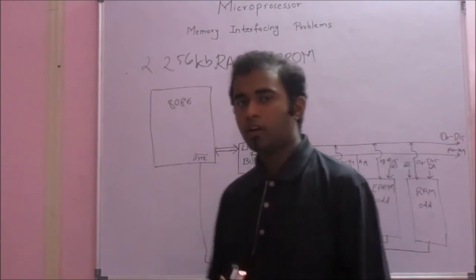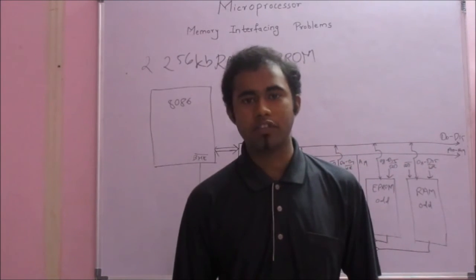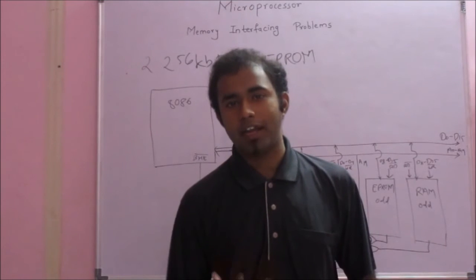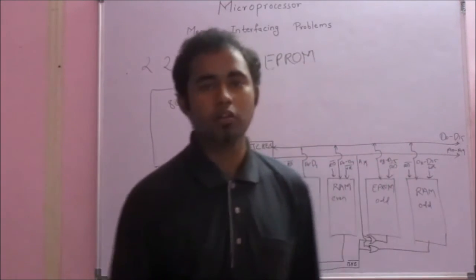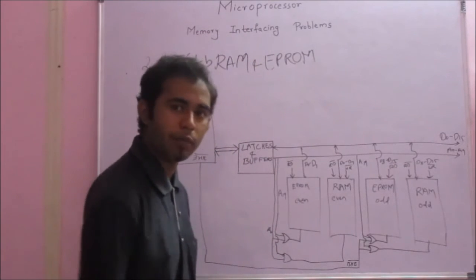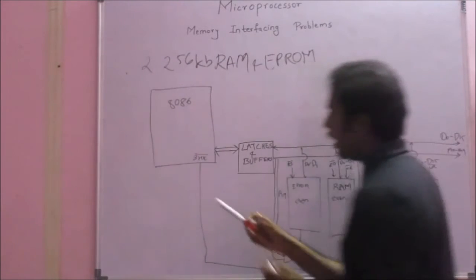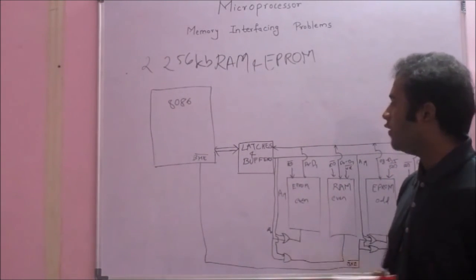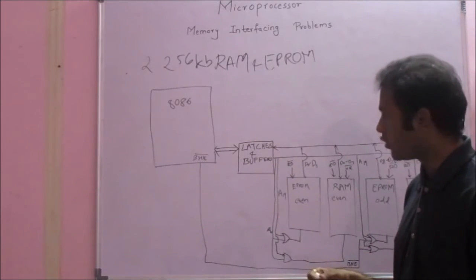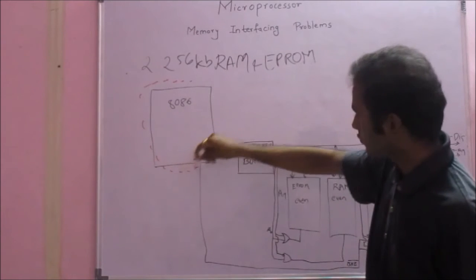So till now we have seen the address map, and now we will see how to draw an interfacing diagram. I have already drawn one, so I will explain how to actually draw this diagram in exam. So basically we will see 8086, a very simplified diagram with latches and buffers.